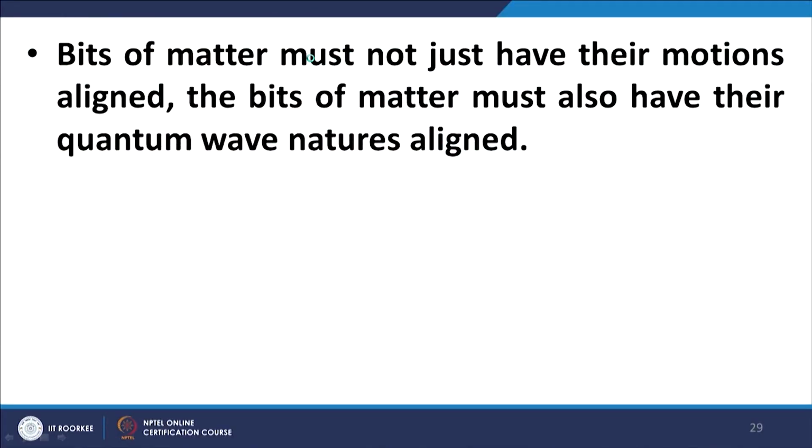So, that is the reason that coherency is an exception, it is not the rule. The rule is that the randomness in phase and the randomness in orientation tend to annul each other, and on the average the matter waves do not seem to exist at all.